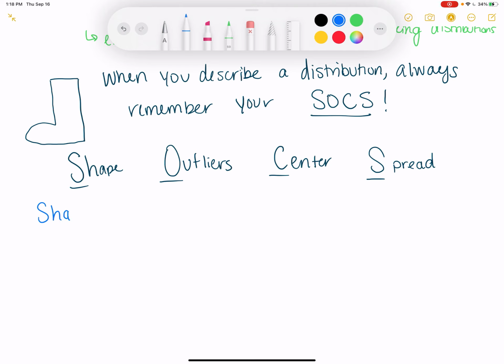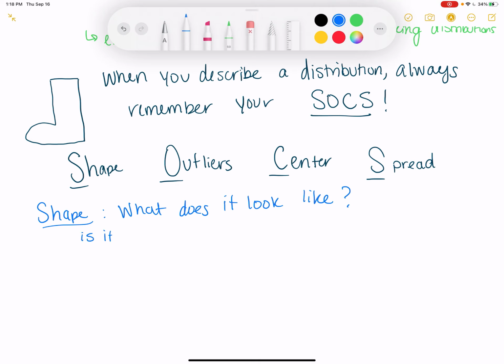Shape. What does it look like? We have to draw a graph.